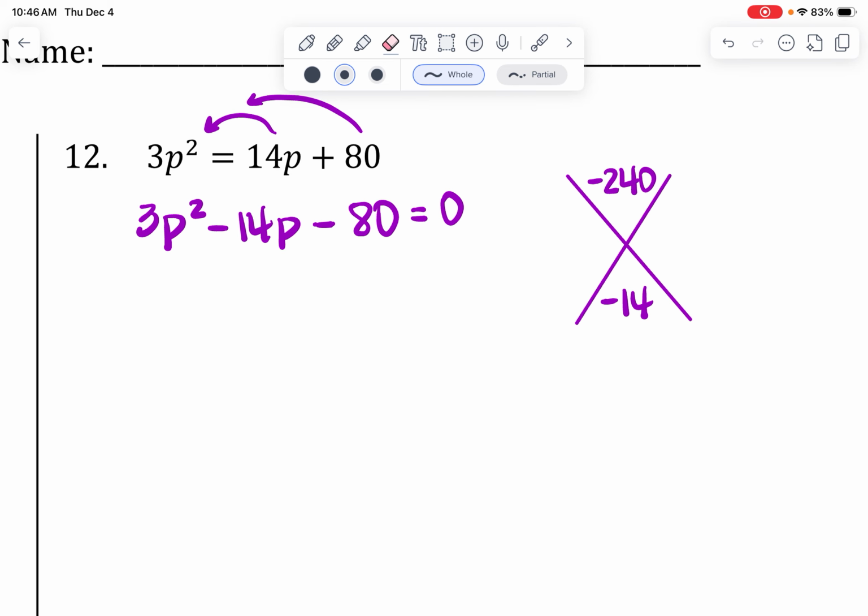All right, well, if you don't know what those factors are, remember you can go to your calculator and you can go to your y equals and type in negative 240 divided by x, and then negative 240 divided by x plus x. And then go look at your table, and then go until you find negative 14 in your table. And I have done this, and my calculator is telling me that it is 10 and negative 24.